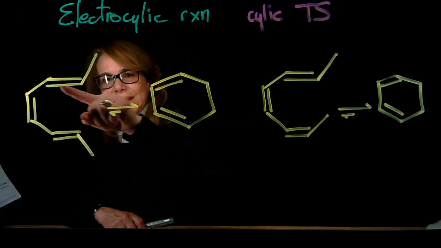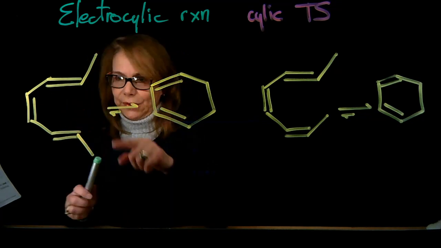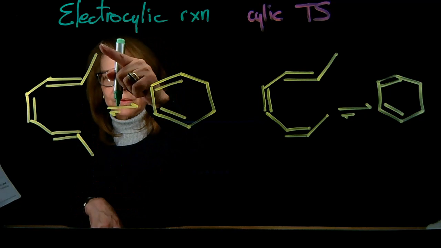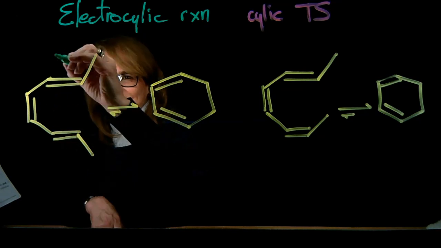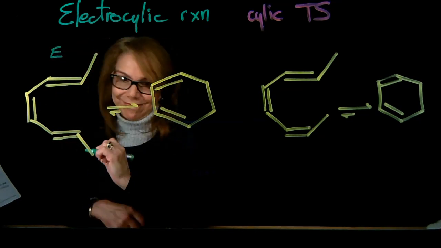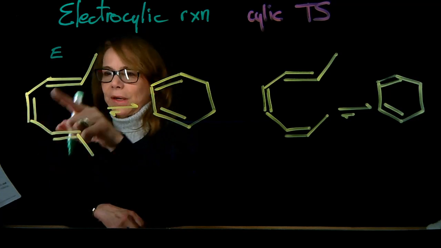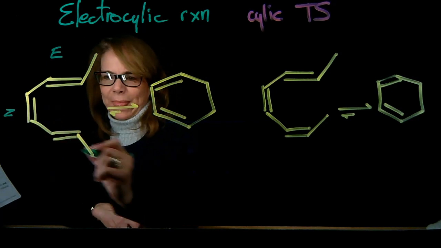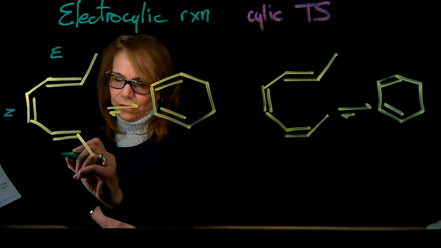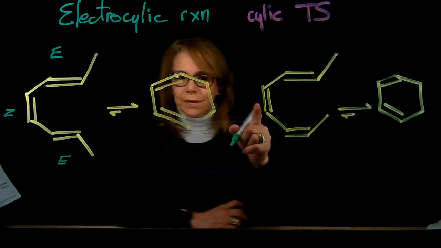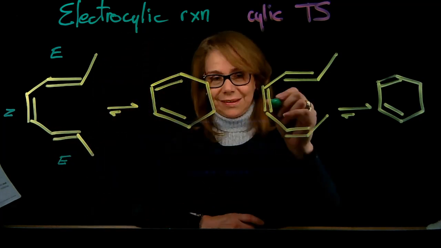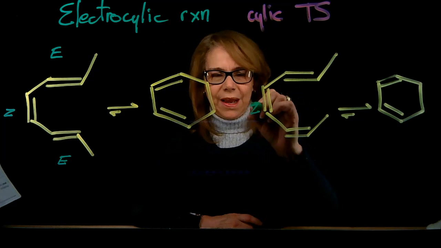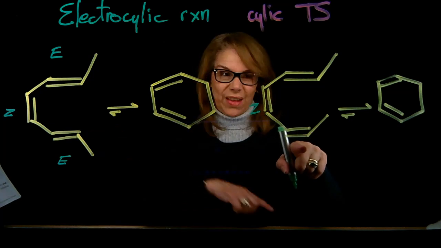And notice the configuration of the double bonds here. This chain is opposite to that, so that is E. In the central part, this is Z, and this here is also E. The central part here is exactly the same, so it is Z, but now let's look at this, which looks different to that.